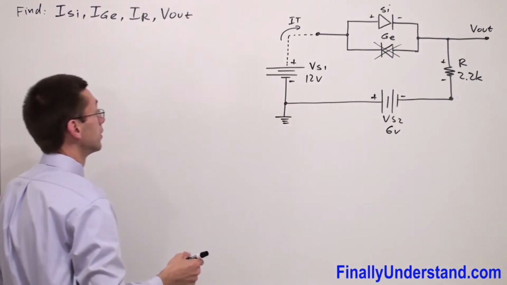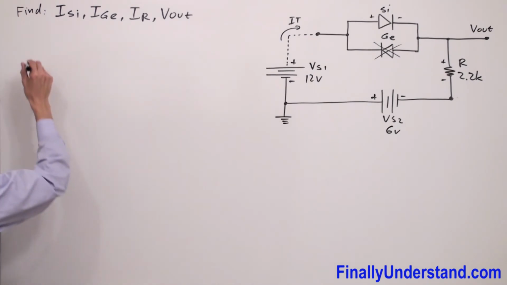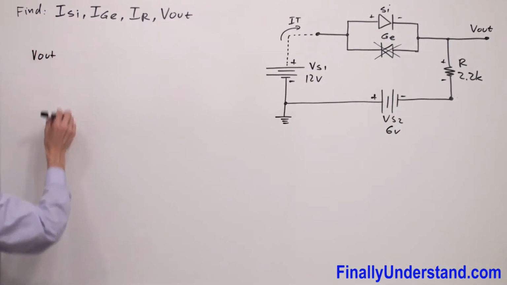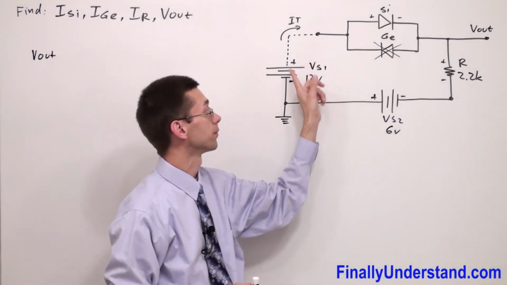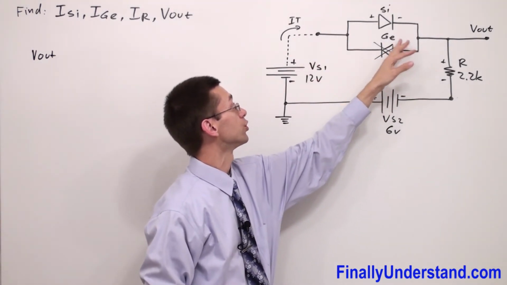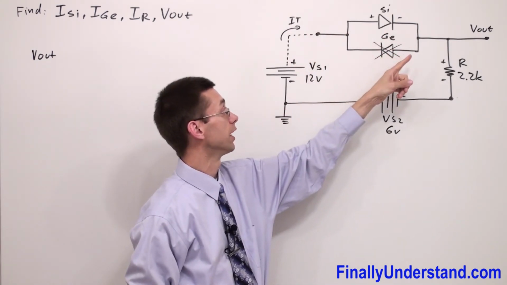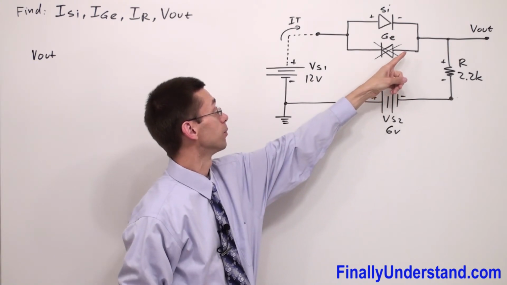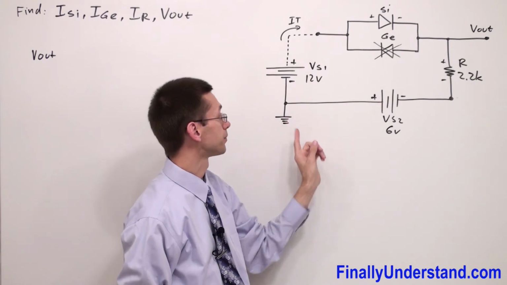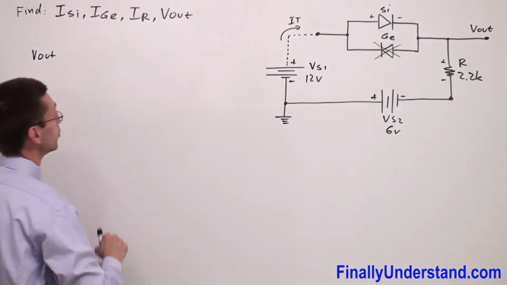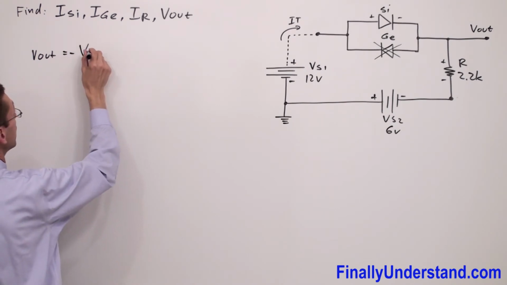Let's write the KVL equation for output voltage. I have a V out. Because if I'm going to go counterclockwise, I'm not going to see any resistors on my way to ground. That's why I'm going to find V out simply by looking at the voltages, and simply write that I have negative V silicon.